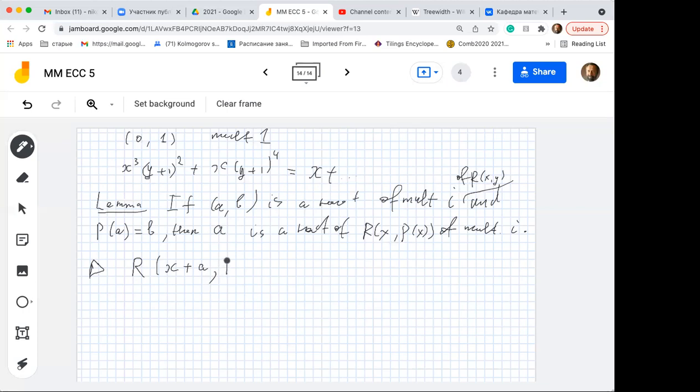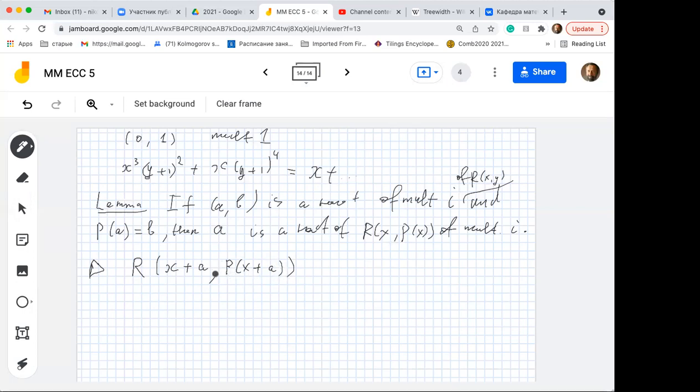So we obtain R of x plus a, and P of x plus a. And we need to prove that this polynomial of x has no monomials of small degree, smaller than i.